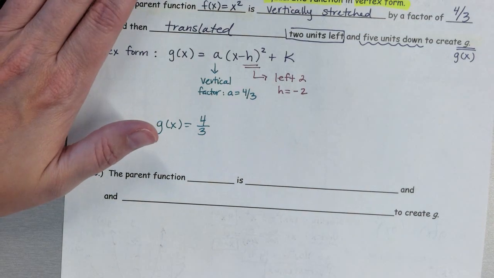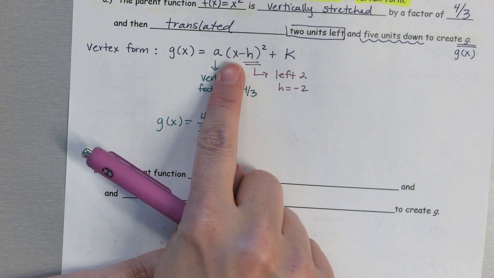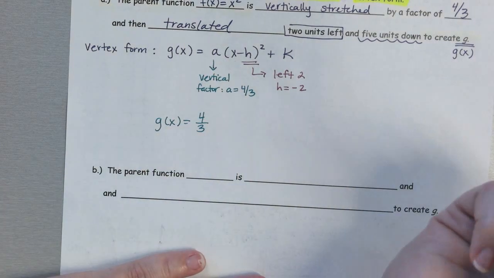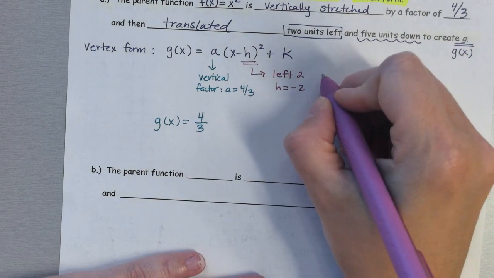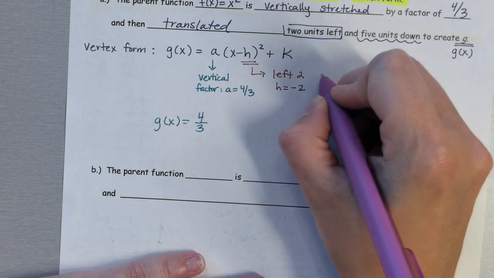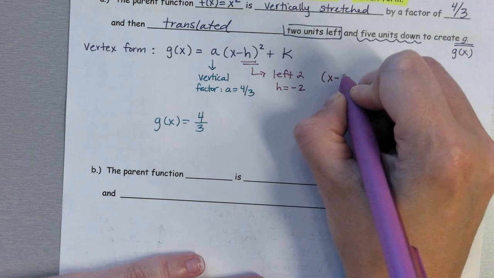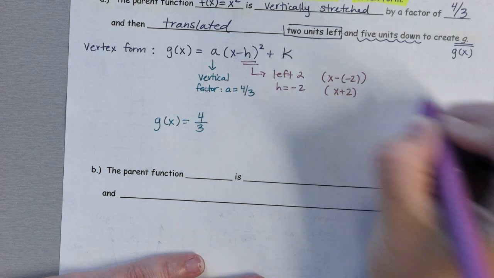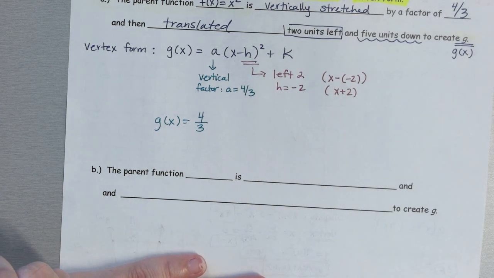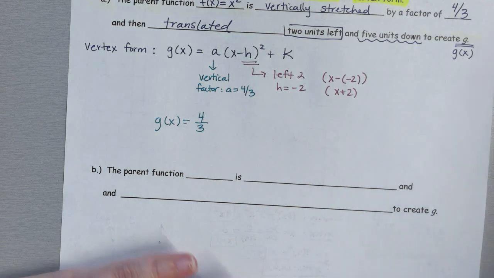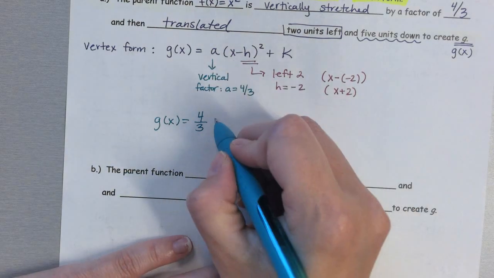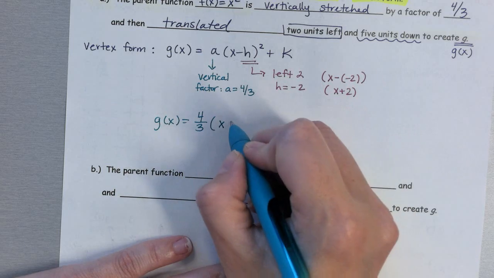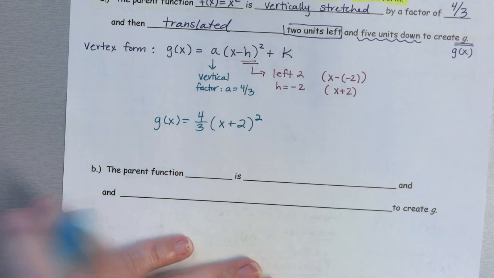Now think about what happens when you plug that into the function. Inside the parentheses, you have x minus -2, which of course is going to simplify to x plus 2, right? So when we write our final answer, we're going to have x plus 2 squared.